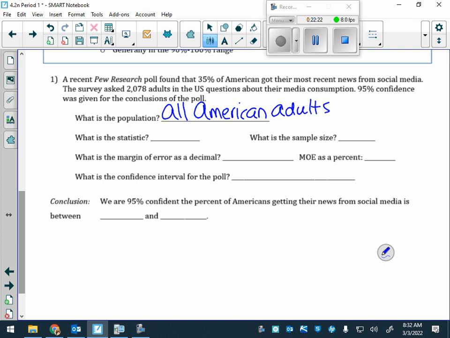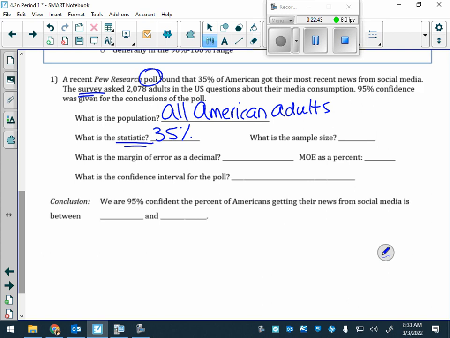Okay. What is the statistic? Tyler. Good. 35%. And the reason it's a statistic, it's because it's coming from a poll of that survey. Okay? That's why it's a statistic.